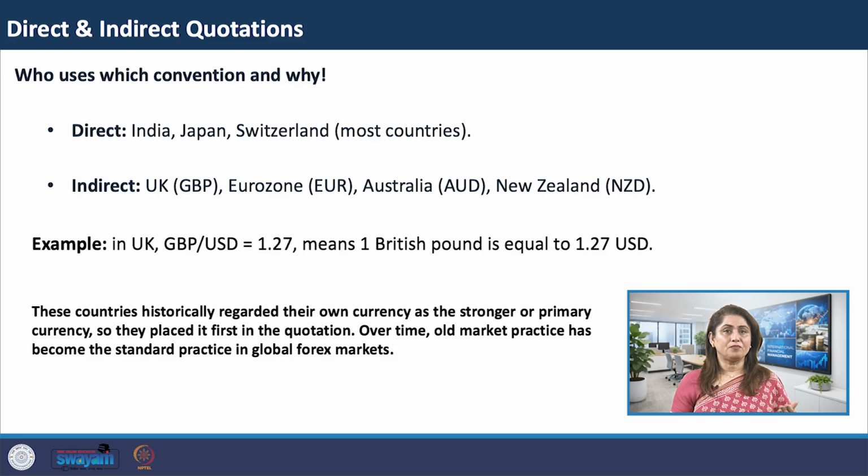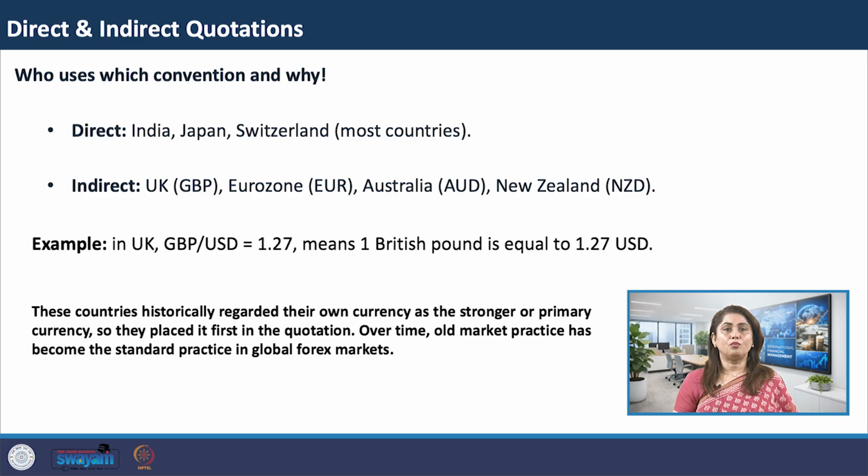The UK, New Zealand, Australia, and some other countries traditionally use indirect quotation instead of direct quotations because of historical market conventions. For example, in UK, it is common to quote GBP by USD is equal to 1.27.